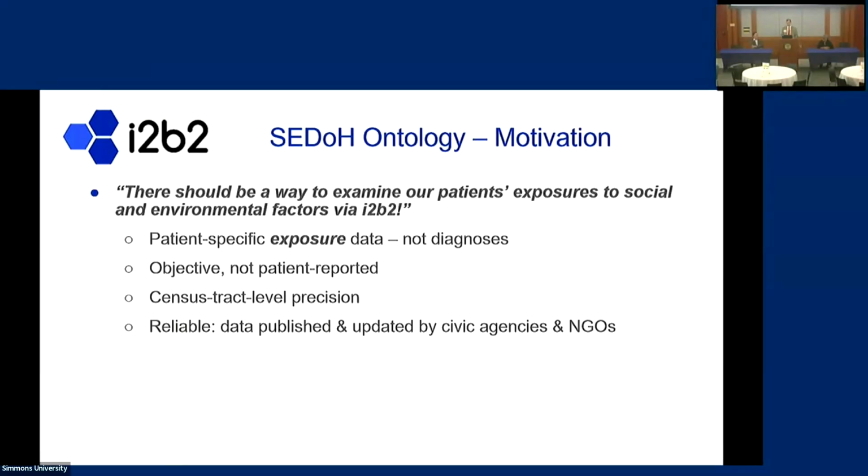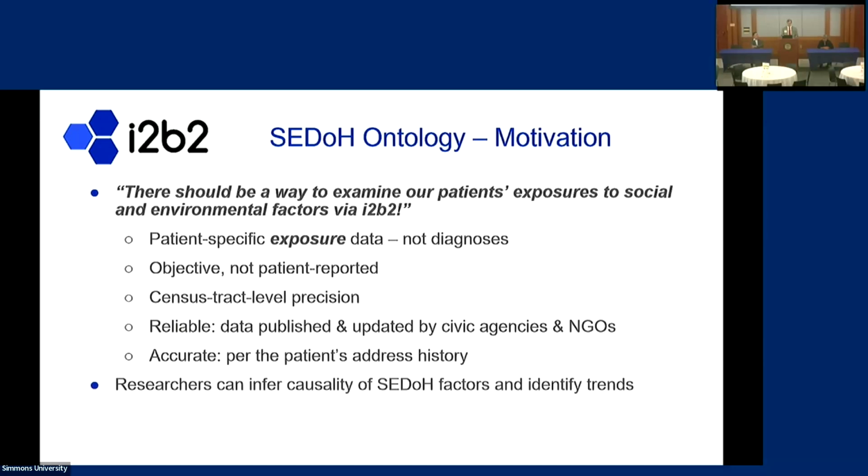It's published by civic agencies and by NGOs, and it's accurate as long as you have accurate data on your patient's residence addresses, then you can match it up with the census tract through geocoding. And researchers can, with this information, infer causality and see trends in the patient database.